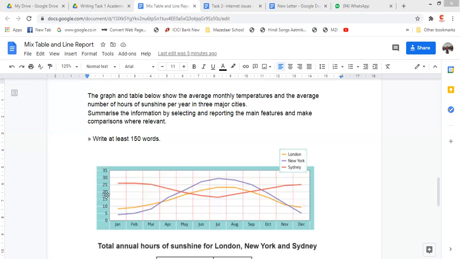So I have to paraphrase that sunshine. Yeah, you can paraphrase it if you want to. How can you paraphrase dhoop? I'm just thinking.